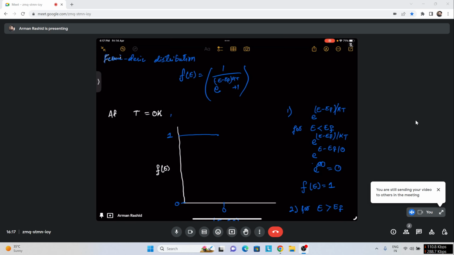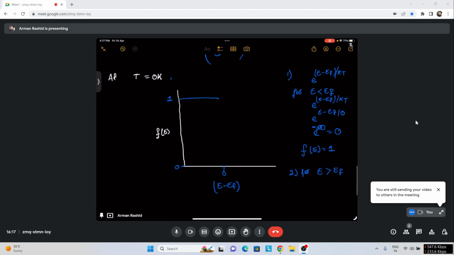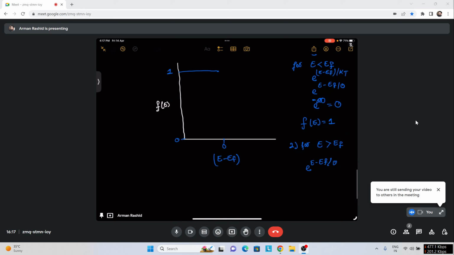For E greater than EF, we have e raised to the power (E minus EF) by 0, but since it is positive, it will be e raised to the power infinity, plus 1, so f of E will be equivalent to 0.